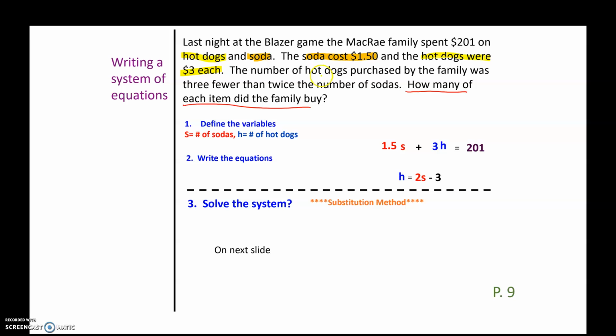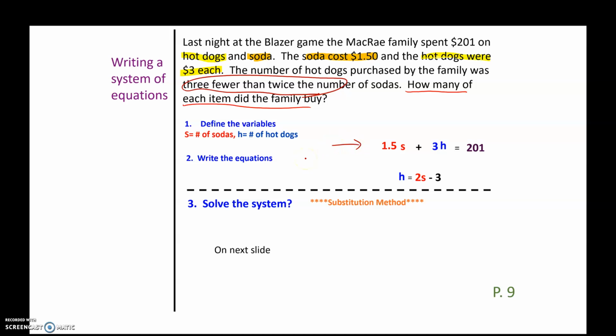Now, we are told that the number of hot dogs purchased was 3 fewer than twice the number of sodas. This really messes up people. 3 fewer than twice the number of sodas. So here's what we do with this piece, guys. The very first thing is I write this equation right here.